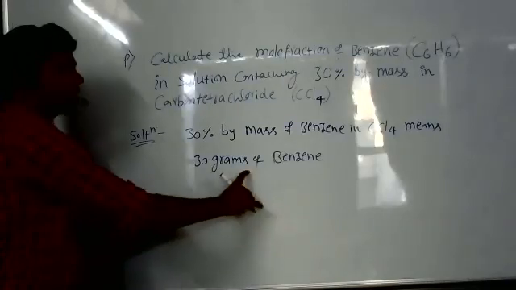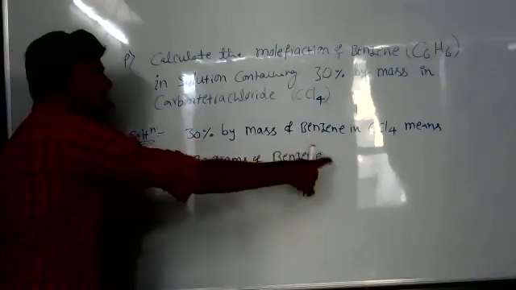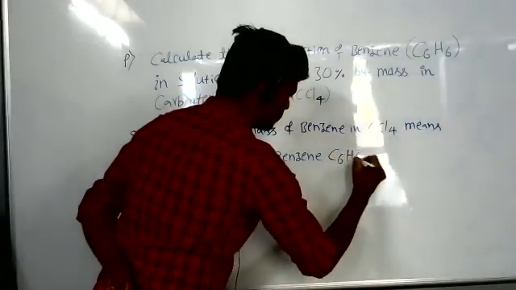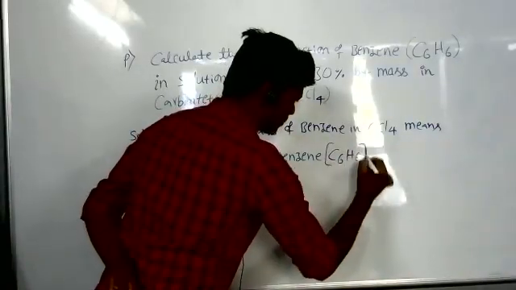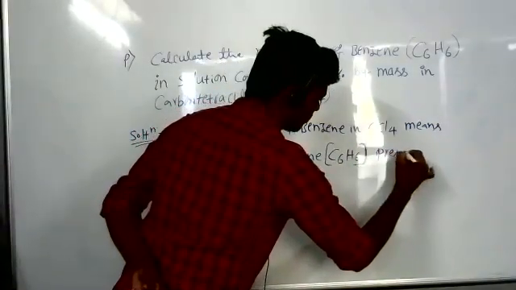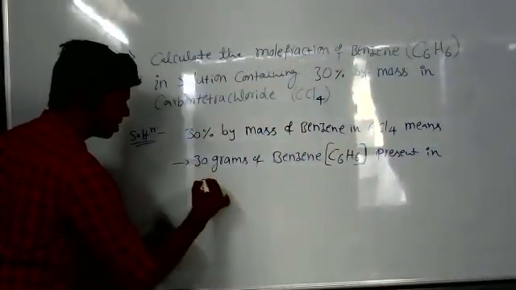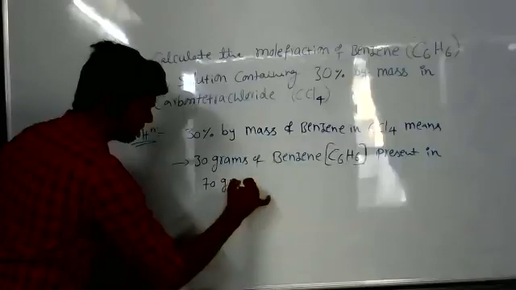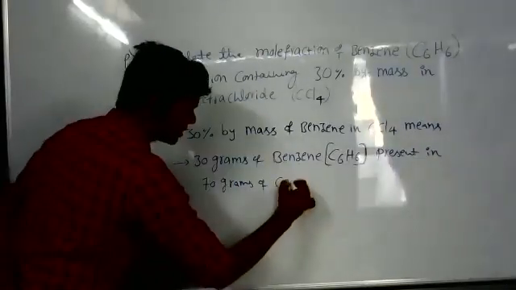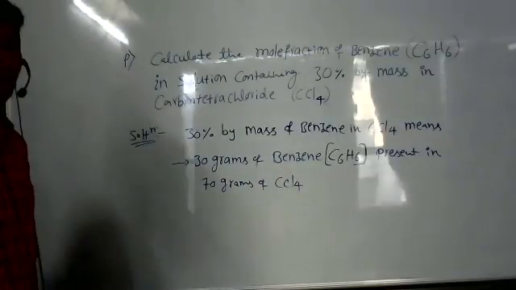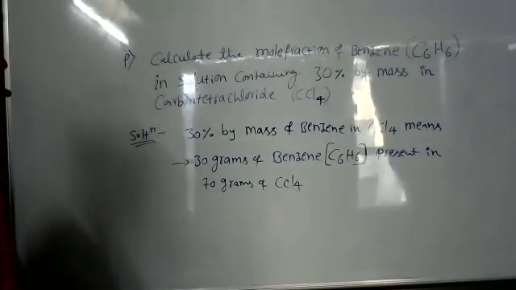See, 30 grams of benzene present in 70 grams of CCl4, carbon tetrachloride. So now calculate number of moles of benzene and number of moles of carbon tetrachloride.